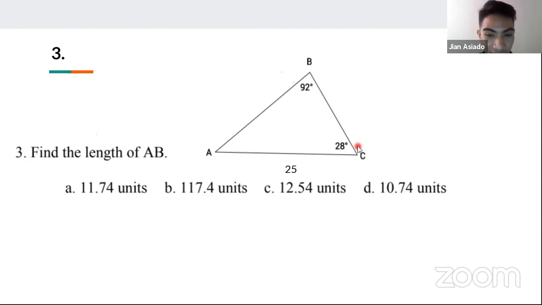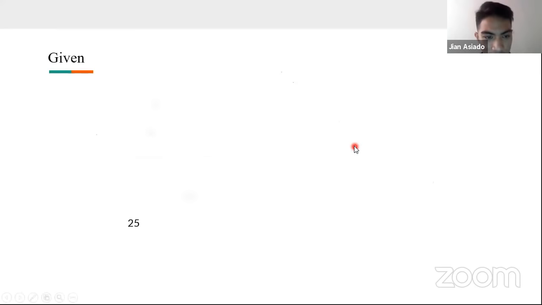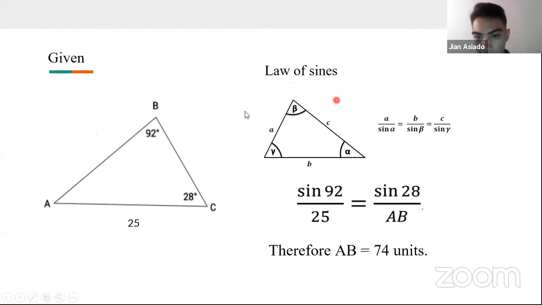What is the law of sines? This one. It's good if you memorize these, the law of sines and law of cosines. In trig, there's really a lot of memorization. You can derive it, but it's time consuming, so it's much better to familiarize yourself and memorize.